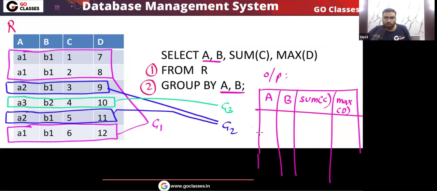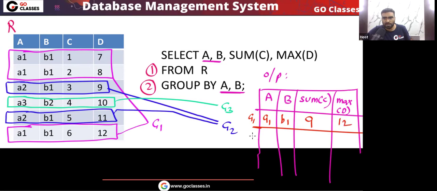So for every group, one tuple will come. What is the tuple for the G1 group? For G1 group, the AB value is A1, B1. The summation of C will be 1 plus 2 plus 6, that will be 9. Maximum D will be 12.